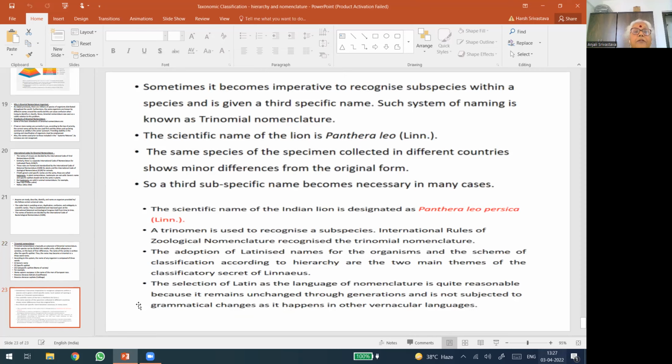So with this ends the taxonomical classification part of our study, which ends with the taxonomical hierarchy, its different levels or taxa, where the individual level is a taxon, and the nomenclature, including the binomial as well as trinomial nomenclature.